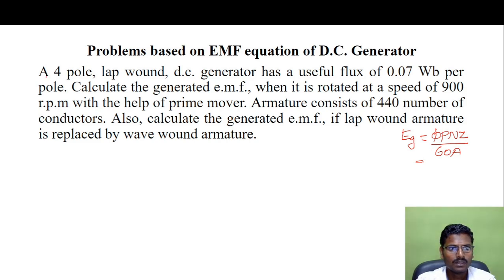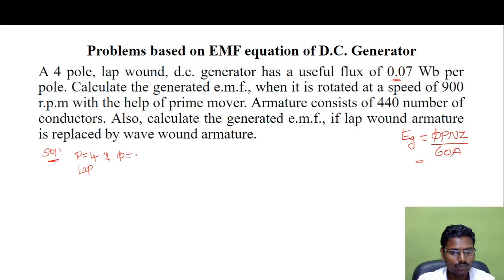A problem stated that a 4-pole lap wound DC generator has a useful flux of 0.07 Weber. The given parameters are: number of poles P is equal to 4, and it is lap winding.